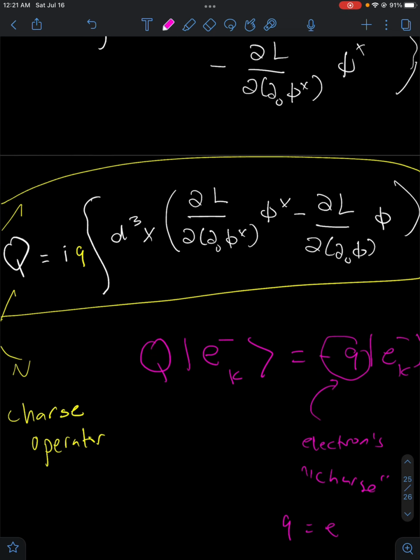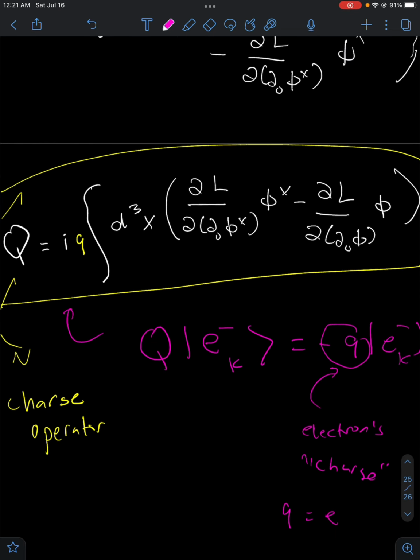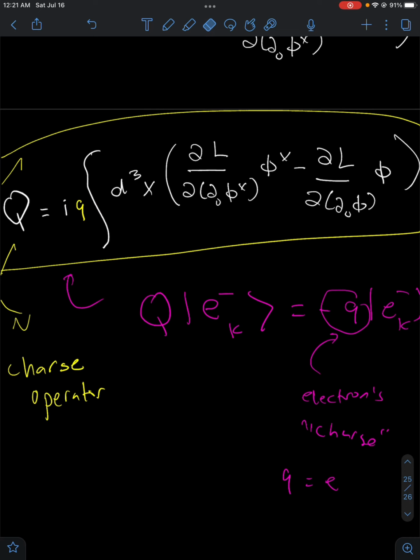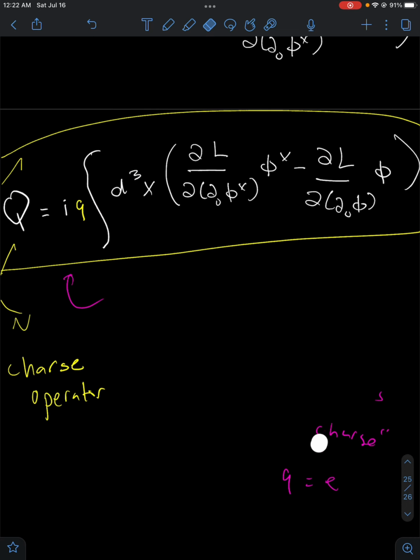So this quantity is what gives us charge. The small q will be equal to the charge, or not necessarily equal to, but this quantity q will control the strength of that electric charge. And particles, normal particles, will have a charge of plus q.